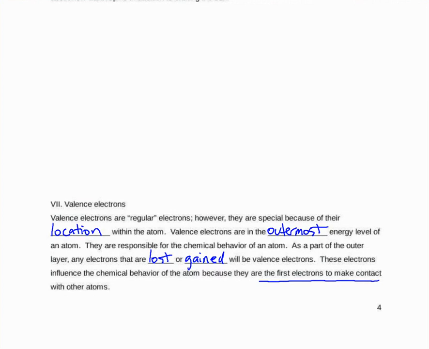The first thing to get damaged on your car is going to be the paint or maybe one of your side mirrors, and that's because they're on the outermost layer of the car. Same thing with the valence electrons. They are on the farthest, the most outer layer, so they're going to be the first ones to touch anything if there's contact.